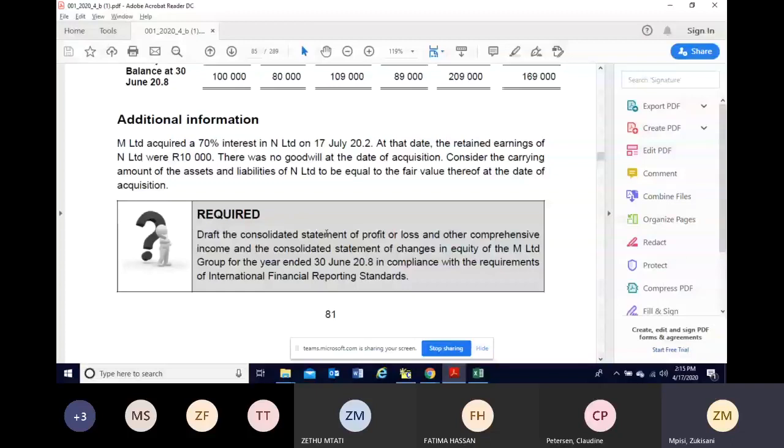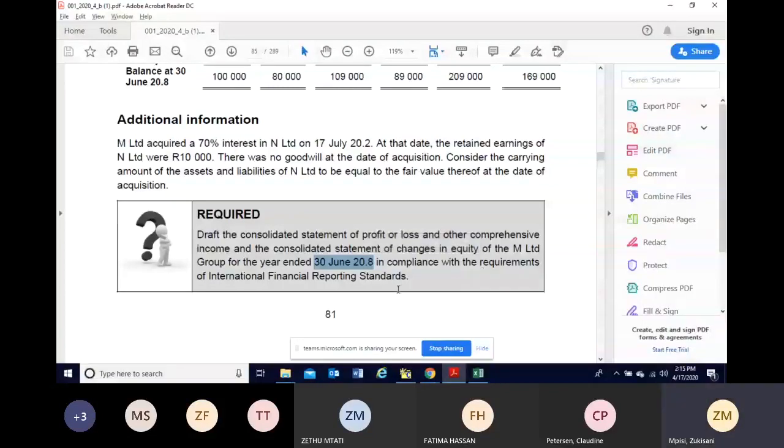Draft the consolidated statement of profit or loss and other comprehensive income, the consolidated statement of changes in equity of MLTD Group for the year ended 30 June 2008 in compliance with the requirements of IFRS.